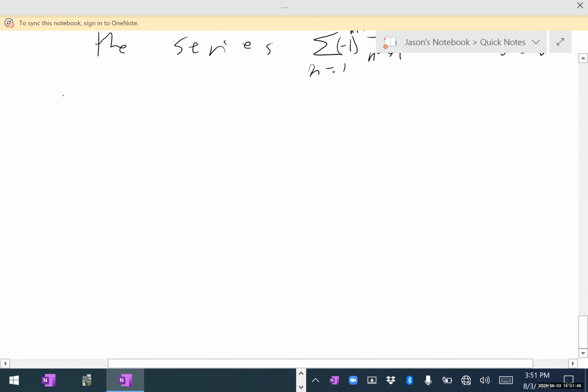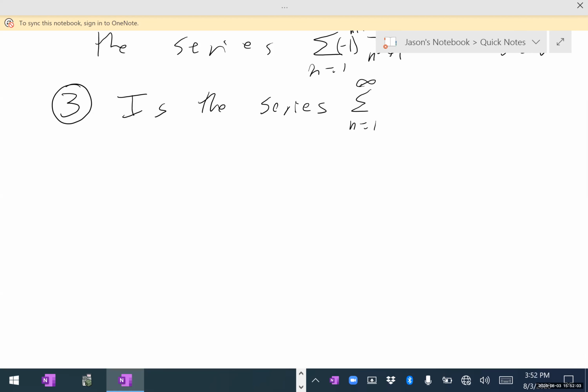Okay, number 3. Is the series summation n equals 1 to infinity of -1 to the nth power, 3n over 4n minus 1, convergent?